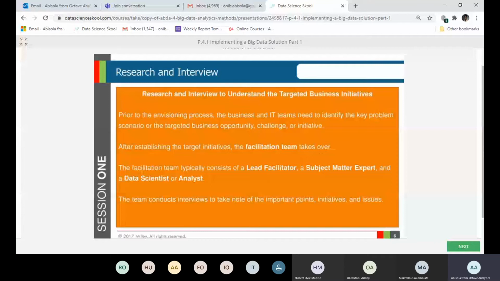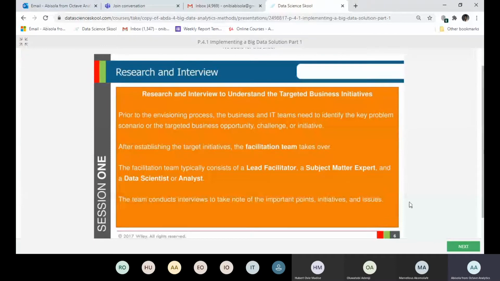You can predict that, okay, these patients would likely have this particular health challenge and things like that. So that could be a problem you are trying to solve. You don't want to always have to do all series of tests before you come up with a solution for a patient. You want to be able to see if you can use the lifestyle of the patient or the recorded visits. Probably the patient has come to visit for some time. You want to see if you can use that to predict what the customer would need to be tested for in the future. So these are some problem scenarios that you might want to check, and these are the kind of things that you check in the research phase.